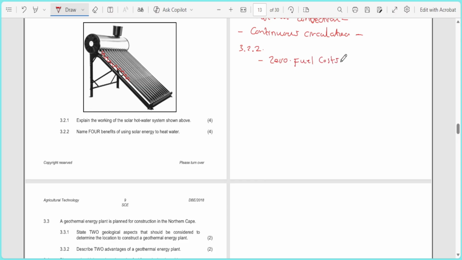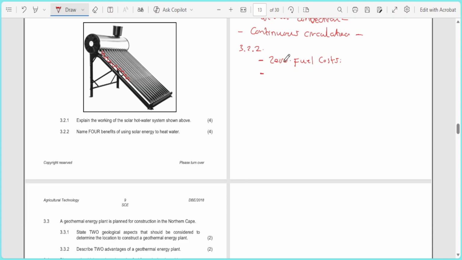Right after installation, sunlight is free, energy from the sun is free. Unlike electricity, gas, or paraffin, it immediately starts working. So it's got to be zero fuel cost. So no fuel is required to operate this thing. So that is one benefit.